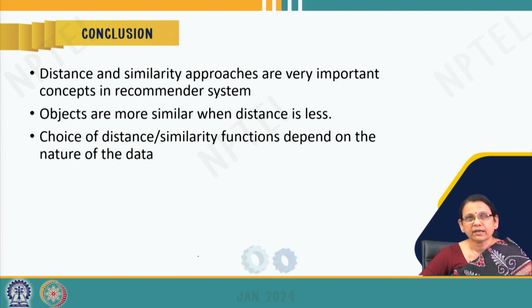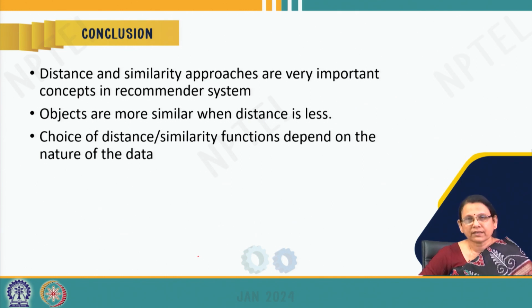Specifically, we saw that in collaborative filtering, while finding user and item based similarity based on the rating matrix, we can use the similarity concepts. Objects are more similar when the distance is less. So, these concepts are related to each other in a dual manner.